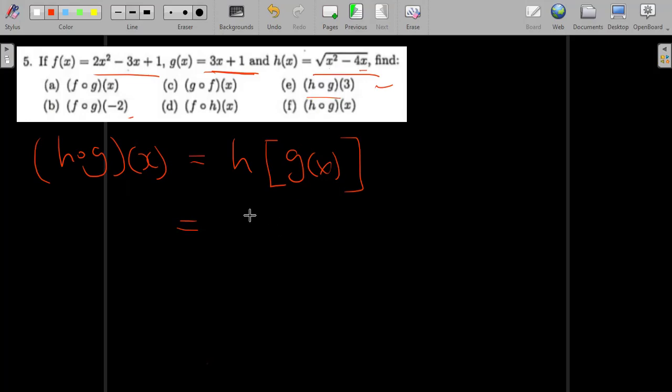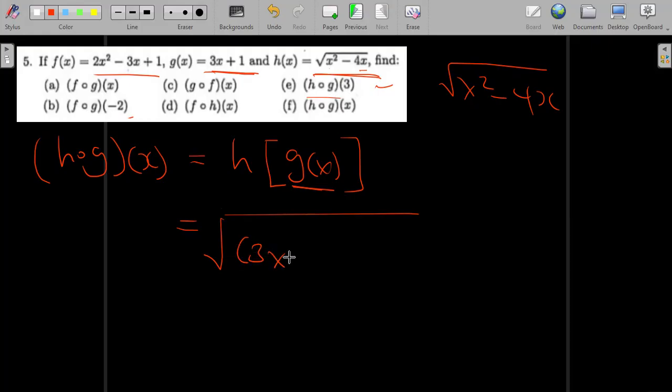So what is h? h is given here in the question, which is root of x squared minus 4x. Where there's x, replace it with the function g. So g is 3x plus 1, then I square that, then minus 4 times 3x plus 1.